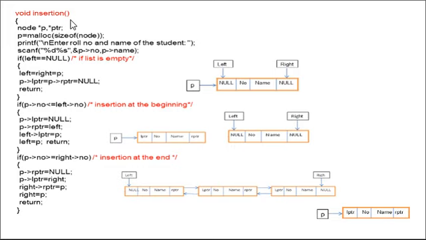If the linked list contains one node, you have to insert the new node before that node or after that node, so there are two cases. If the linked list contains a single node, and in some cases the list doesn't contain any nodes, that means a double linked list with zero nodes.